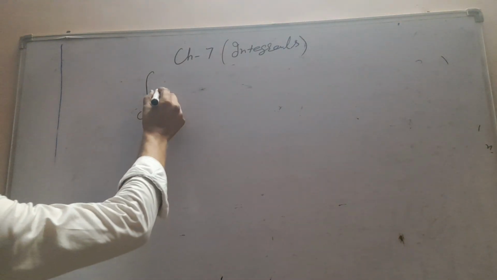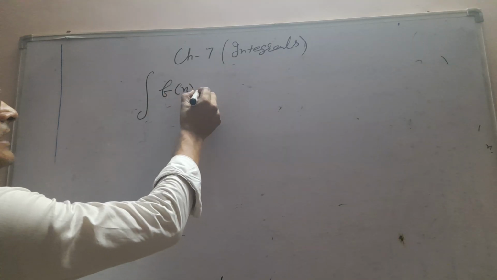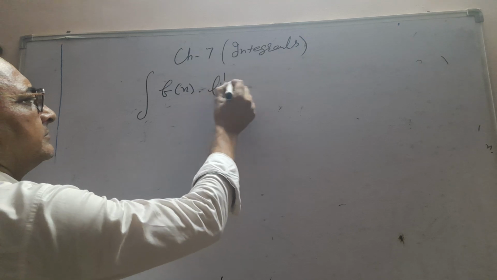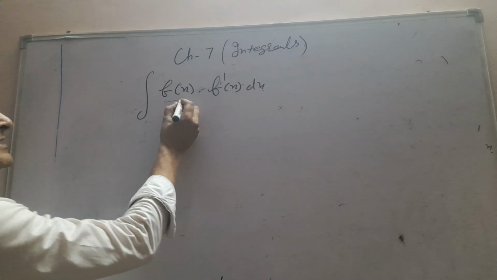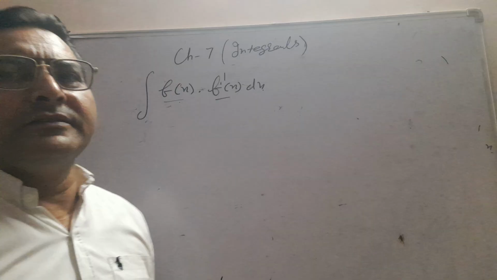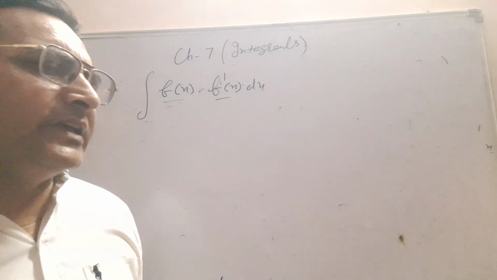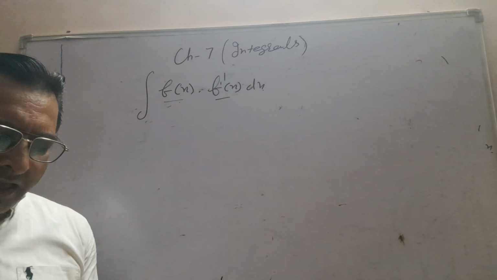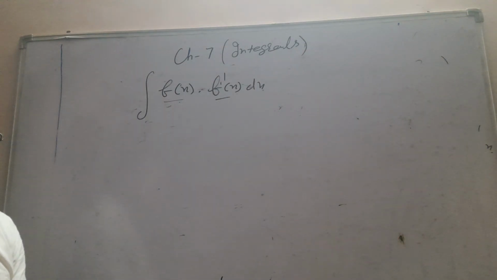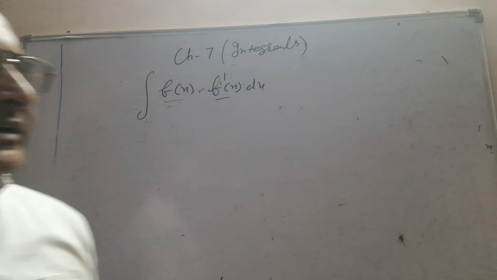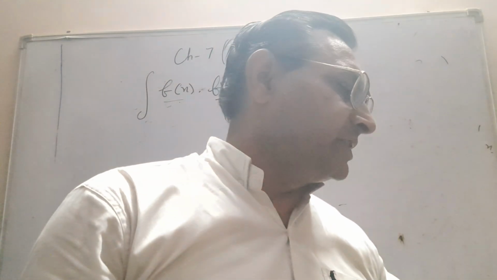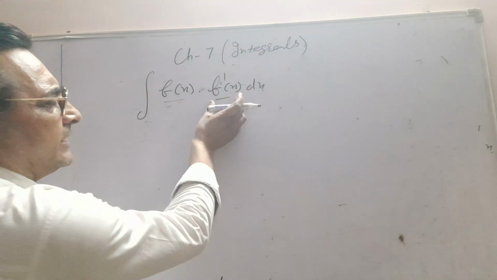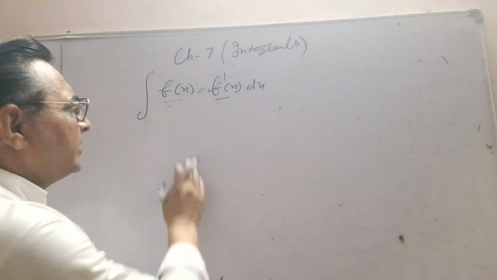If there is a function f(x) and its derivative f dash x is also given, one is the function and the other is its derivative, in this type of case we will use the substitution method. How will we identify that the substitution method will be used there?